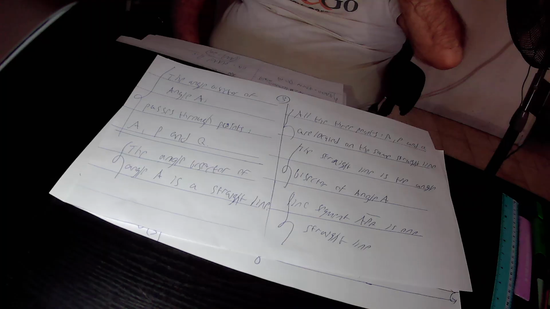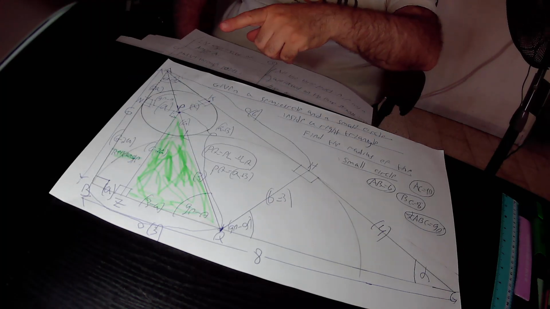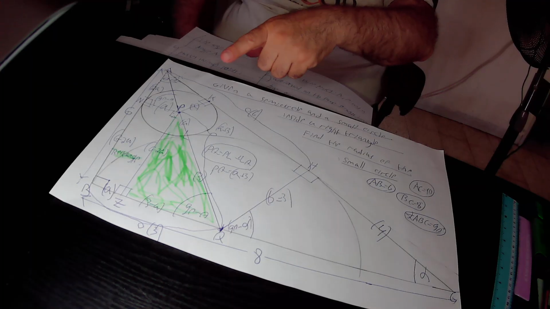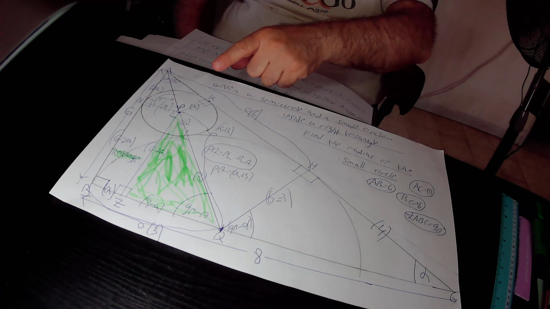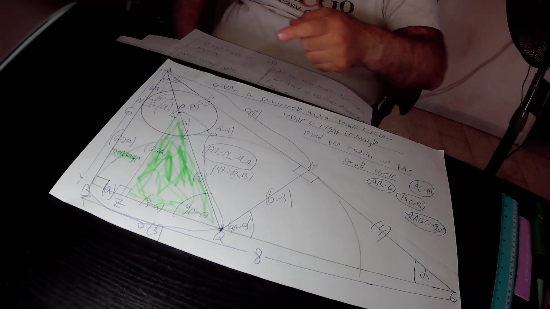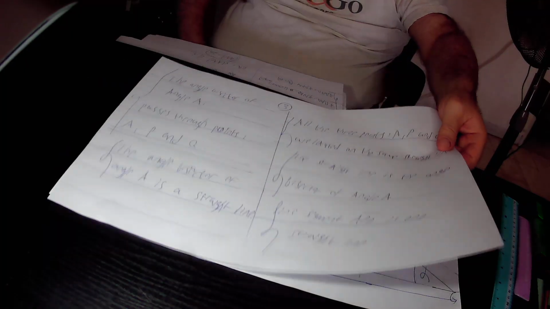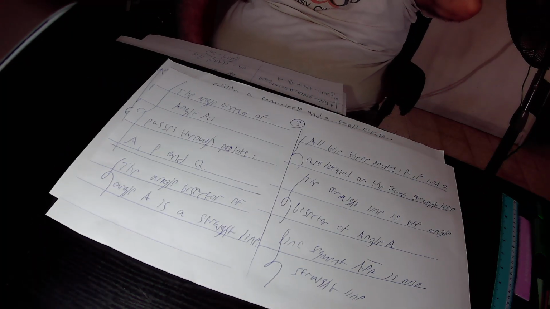And we found out that the angle bisector of angle A passes through points A, P and Q. That is to say, all the 3 points A, P and Q are located on the same straight line.